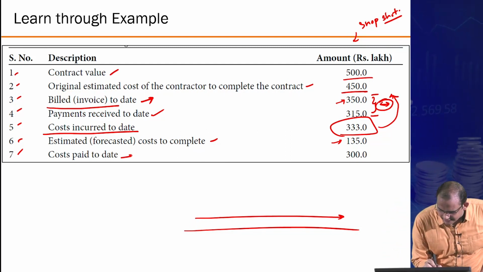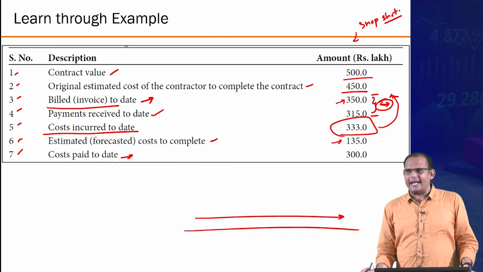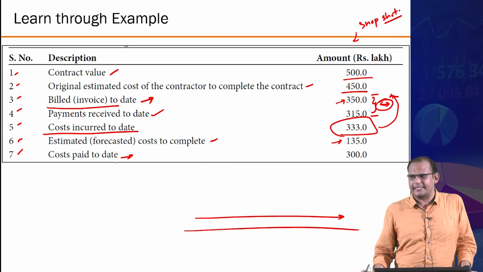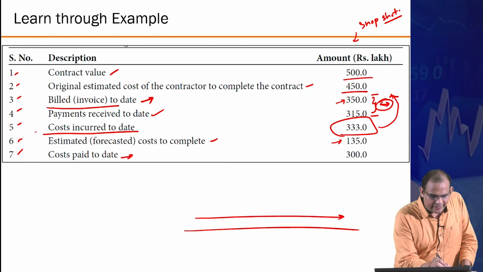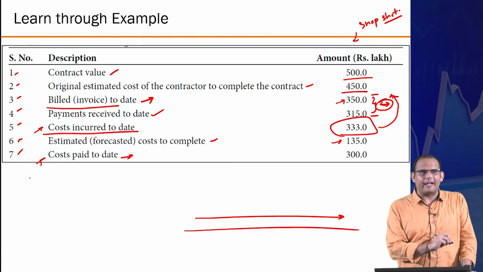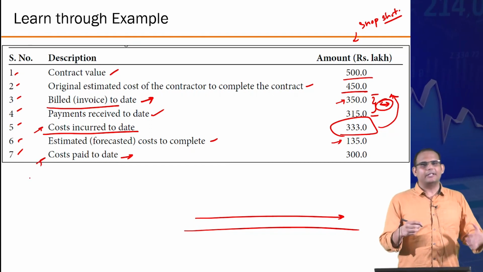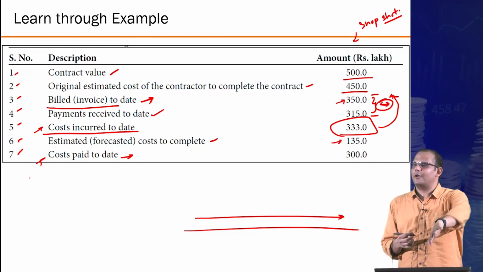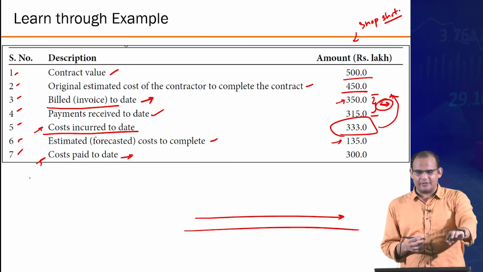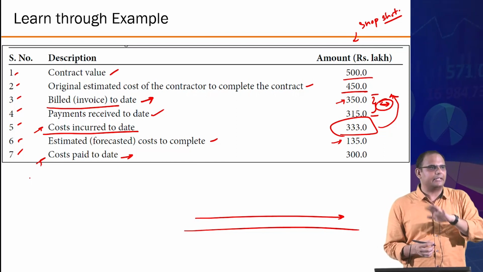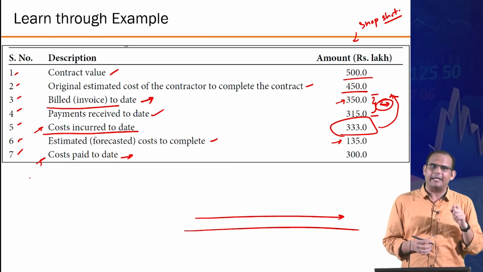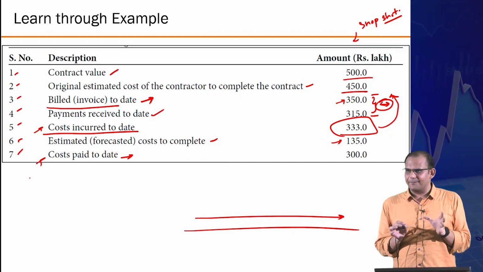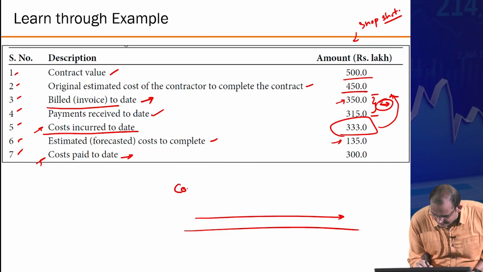And then finally, cost paid to date. What is this? So out of incurred, how much you have actually paid. Your vendors might have raised an invoice to you, but you may not have paid them, right? So they have raised an invoice of 333, but you have only paid them 300. That's the idea, right? So the contractor is in between.